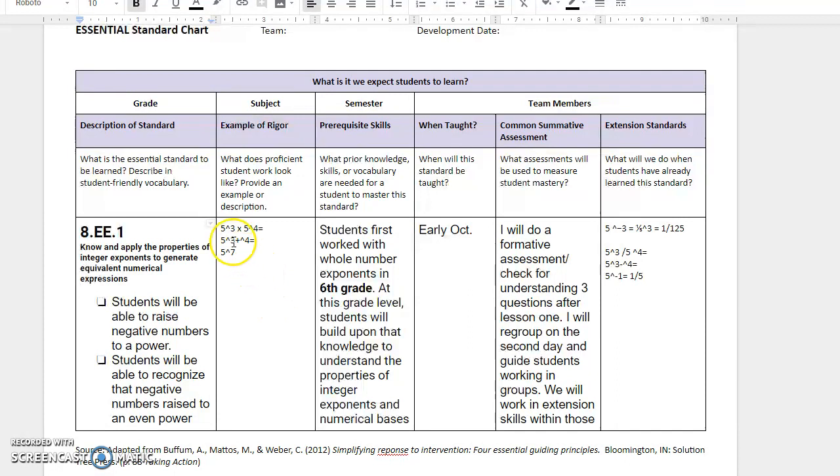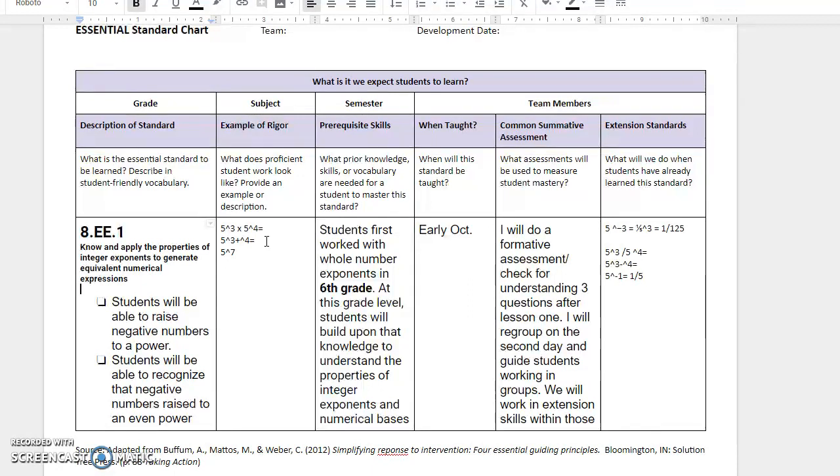Example of rigor: when you're looking at these symbols that look like carets, those are actually exponents on the computer. So 5 cubed times 5 to the 4th. Breaking that down, that would be adding the exponents together. 5 cubed times 5 to the 4th equals 5 to the 7th.